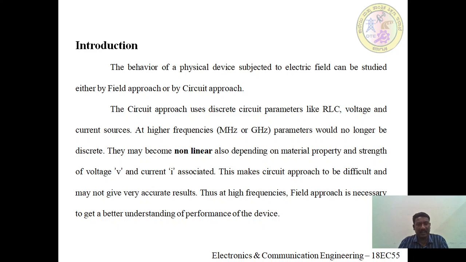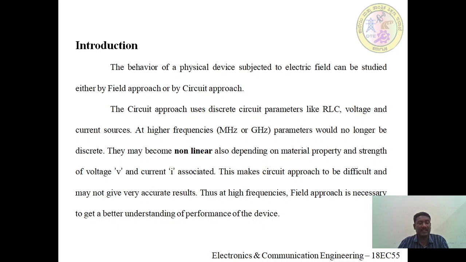In simple terms, in India the line frequency from the power station is 50 Hz. We generally know that as the frequency of the signal increases, the current tries to flow in the outer surfaces or outer boundaries of the conductors.